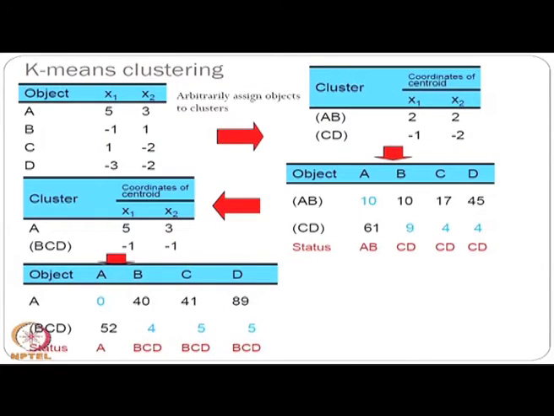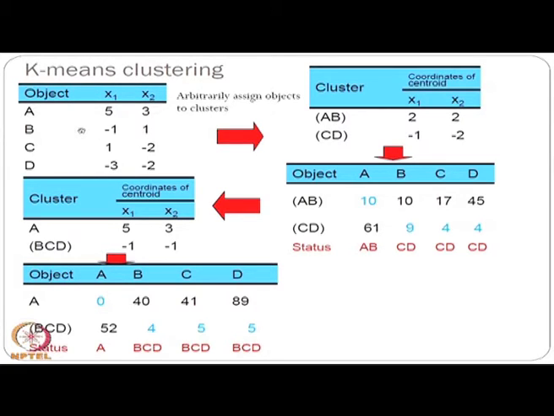You see this example. Here there are 4 objects A, B, C and D, and you are measuring using 2 variables x1 and x2. Now the coordinate values are A: 5, 3; B: minus 1, 1; C: 1, minus 2; D: minus 3, minus 2.